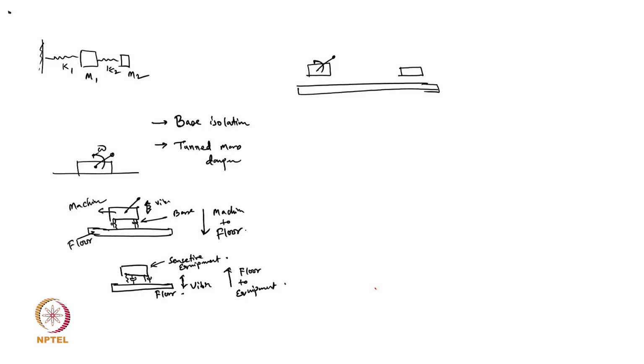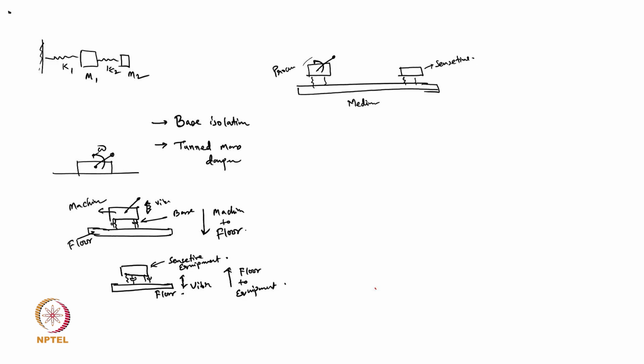So what do you do in that case? This is producing vibration, this is maybe the medium which transmits it, and this is your sensitive equipment. In the normal case, you just place it on top, the full floor is vibrating, and your sensitive equipment is also vibrating.